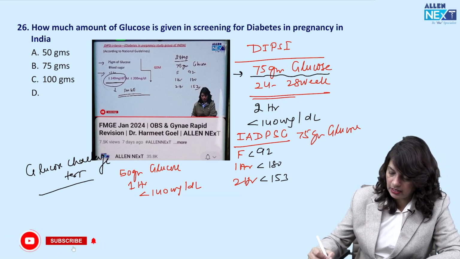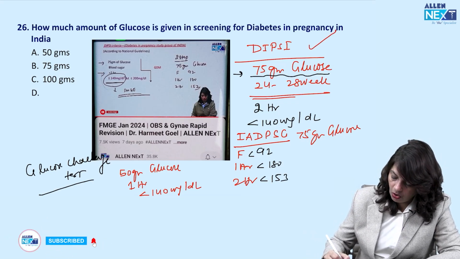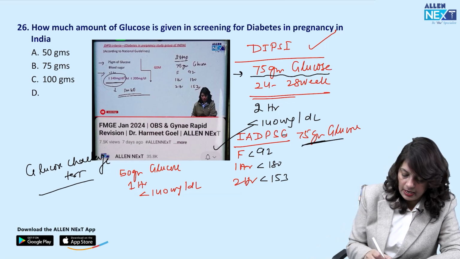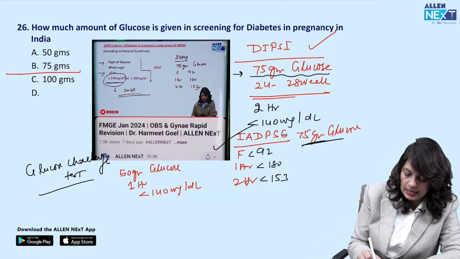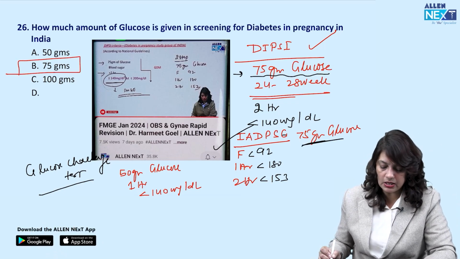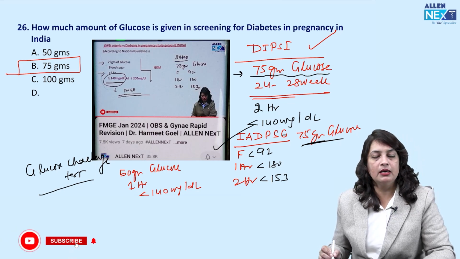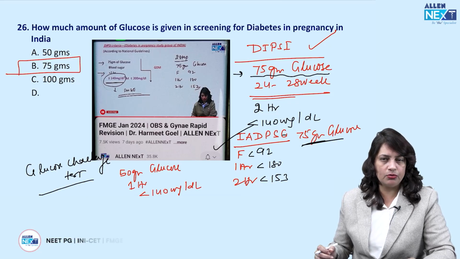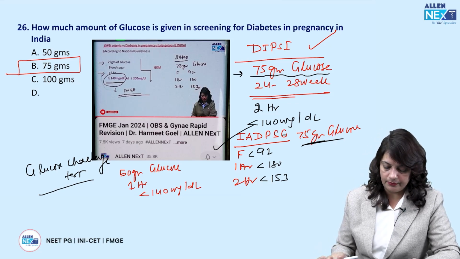So the correct answer, whether you do the DIPSI criteria or the IADPSG criteria, is 75 grams of glucose, which I have already discussed in the rapid fire revision of Obs and Gynae just before the FMGE 2024 Jan exam.